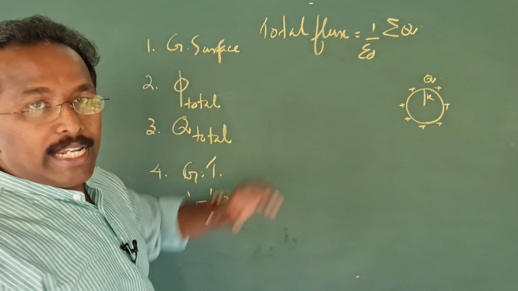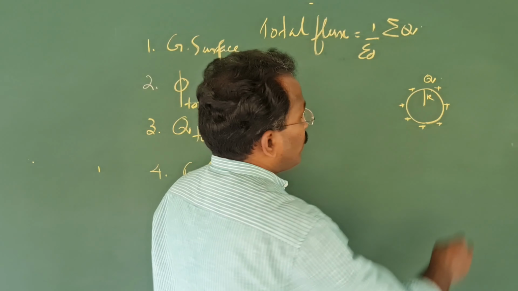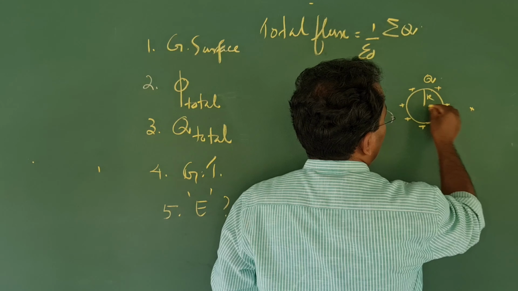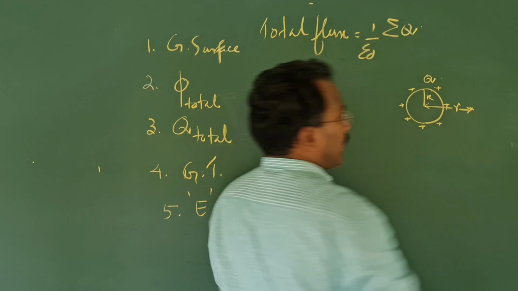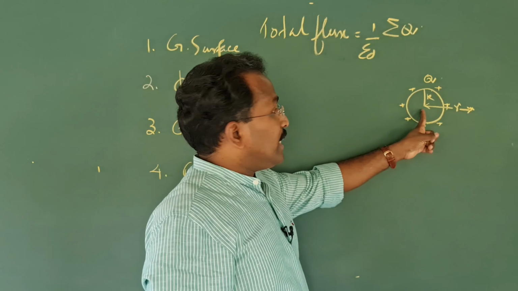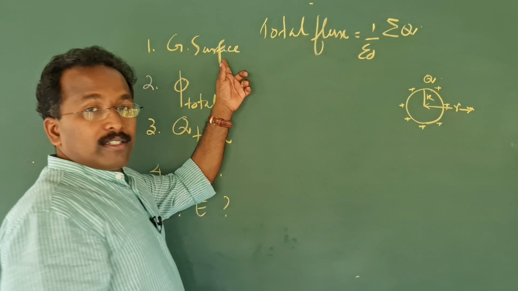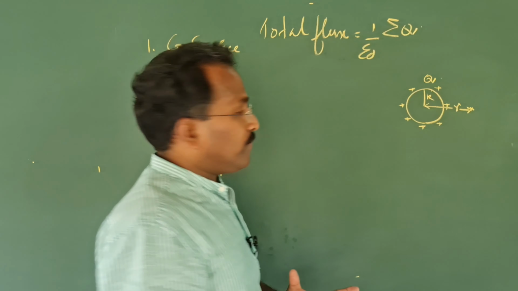Now again, for finding the electric field, we use the same template. You have to find the electric field at some outside point here, which is at a distance small r away from the center of this charged sphere. The first step is to imagine an appropriate Gaussian surface.